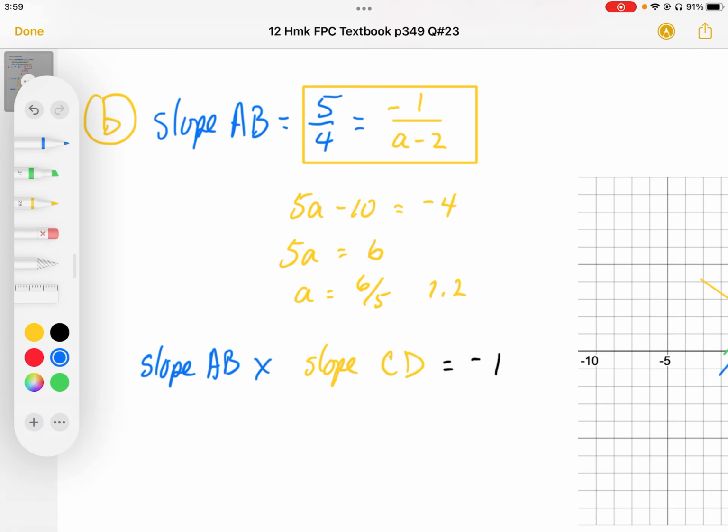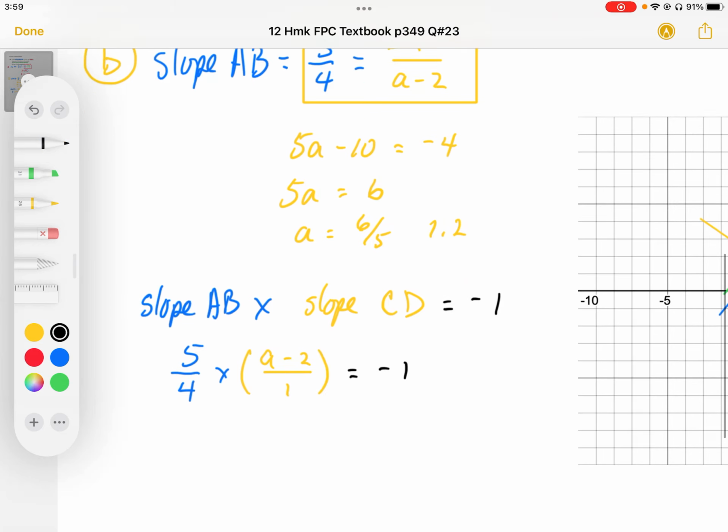And so I have 5 over 4 times the slope for C to D, which was A minus 2 over 1, and we can make that equal to negative 1, and I can solve this equation.